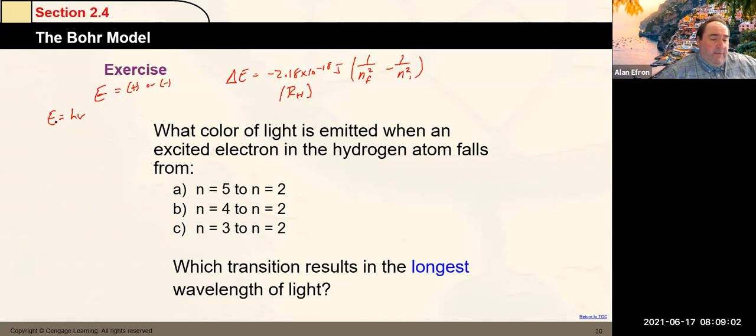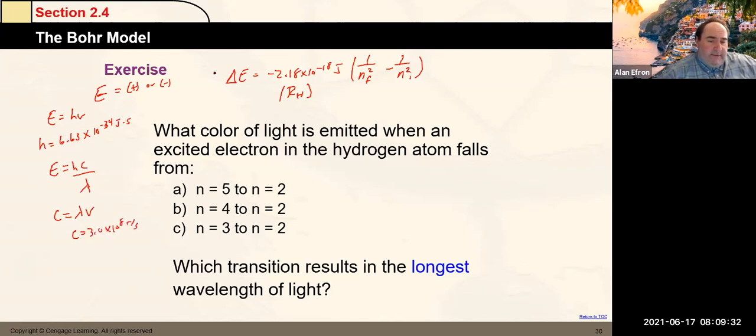Now, we have this one, where h is Planck's constant, a constant number, so you always have that there. The frequency is in reciprocal seconds, and it equals hc over the wavelength, another version of that equation, coming from the speed of light, which is also a constant value.